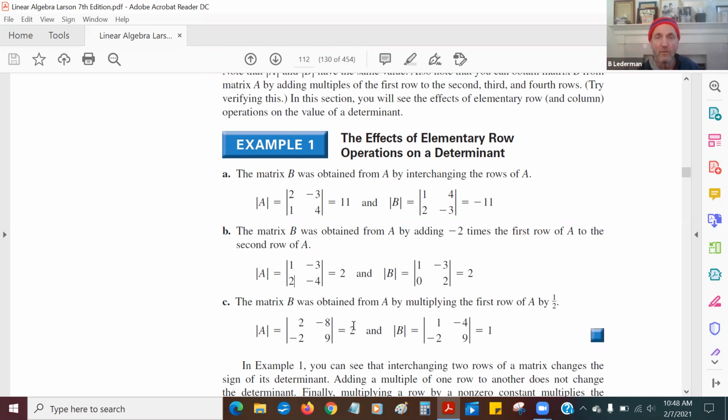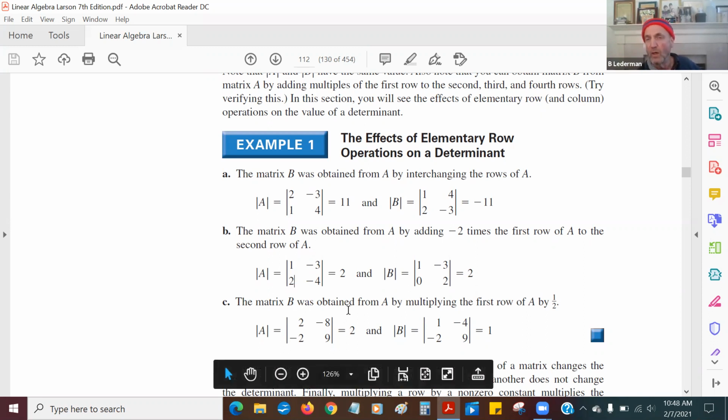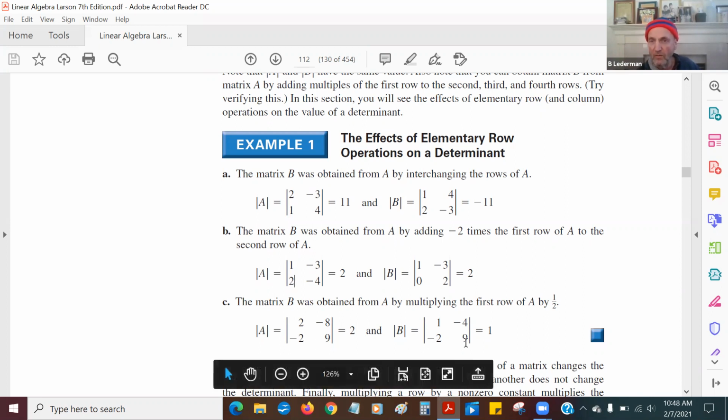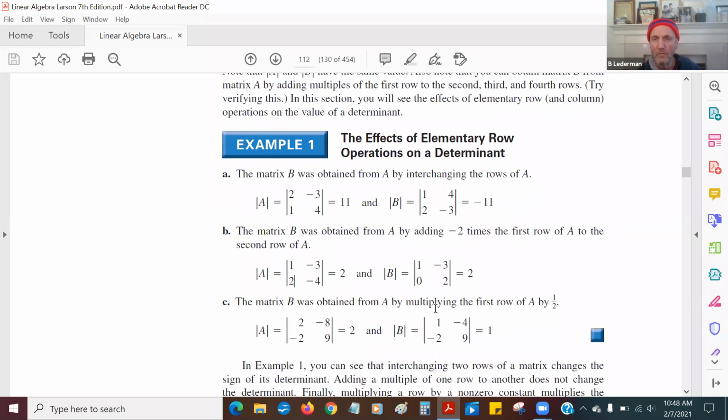See, nothing changed. Now, finally, matrix B was obtained from matrix A by multiplying the first row by 1/2. So the top row, 2, -8, becomes 1, -4, and the bottom row, -2, 0, stays the same.